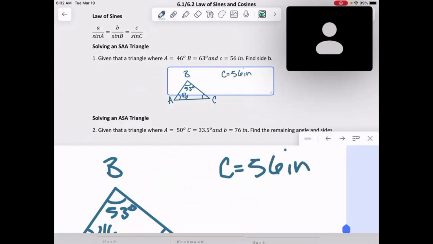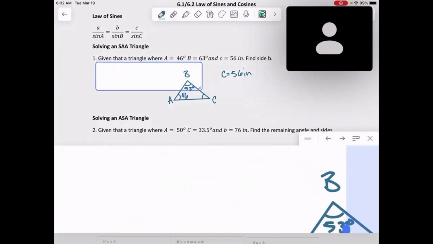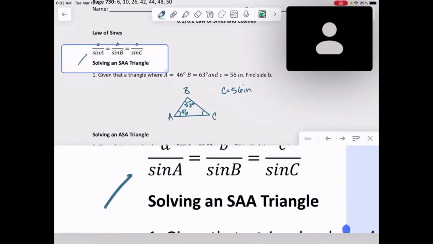All right, at this point, now we are trying to set this up. When I go to set this up, we would plug it into our equation here.